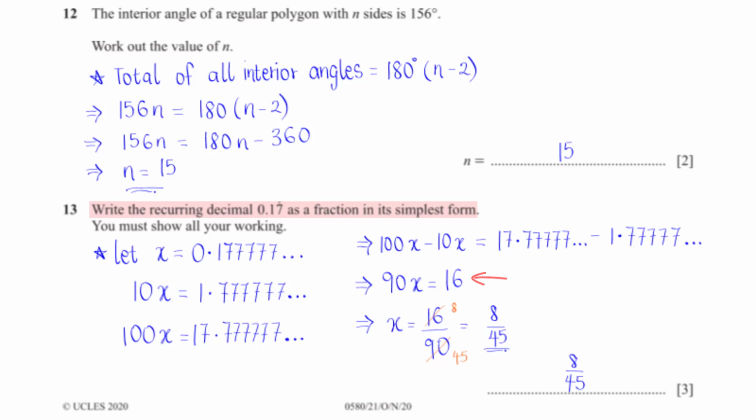And so we have x is equal to 16 divided by 90. This can further be simplified. 2 goes into 16 8 times, and 2 goes into 90 45 times. And so our final answer is 8/45.